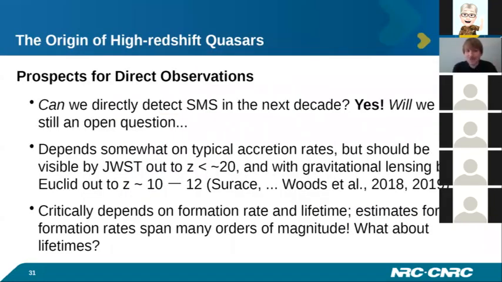So, can we directly detect these supermassive stars? Yes. Will we? Still very much an open question. Another tricky bit, if we don't find them right away, is that James Webb has a very, very tiny footprint.